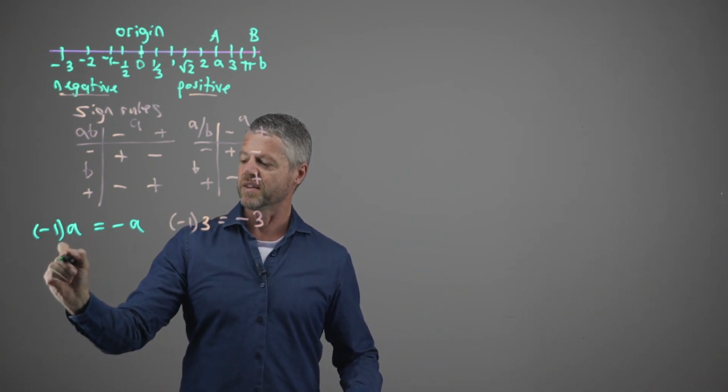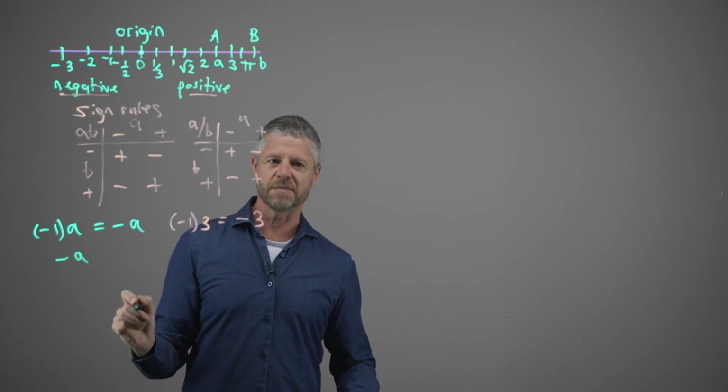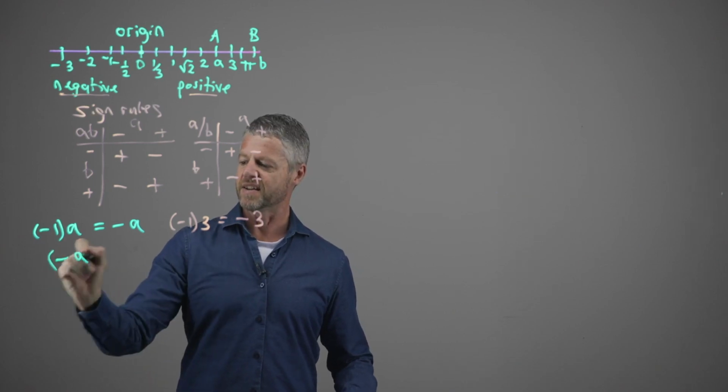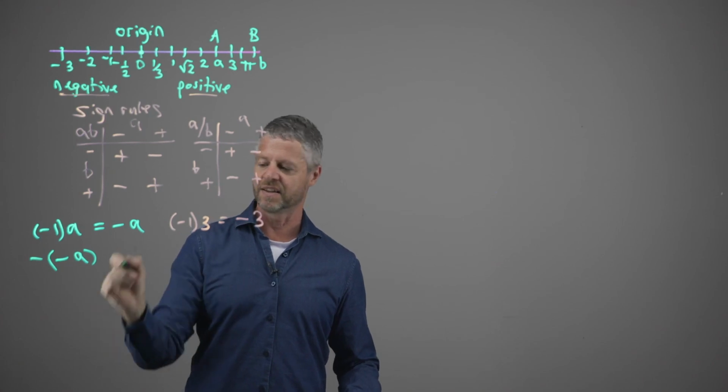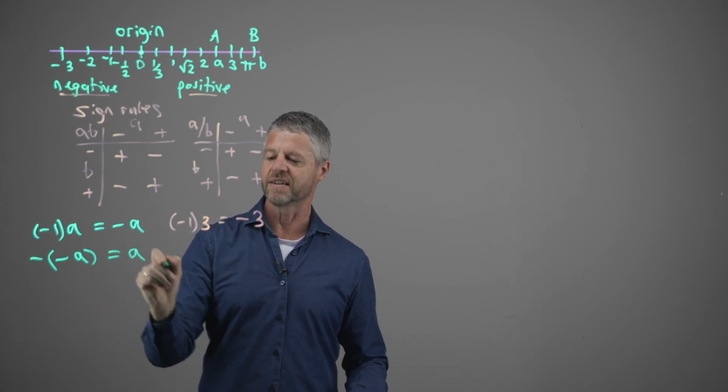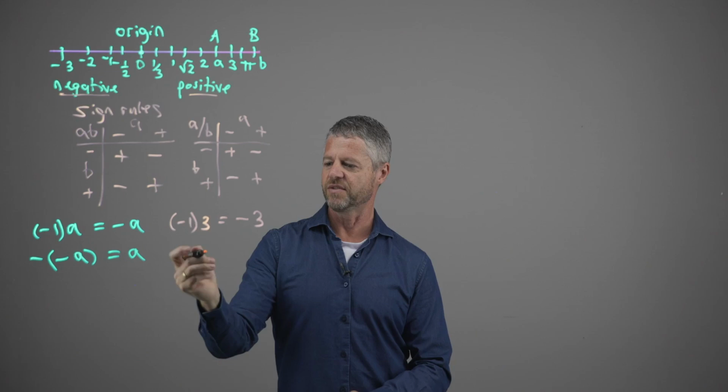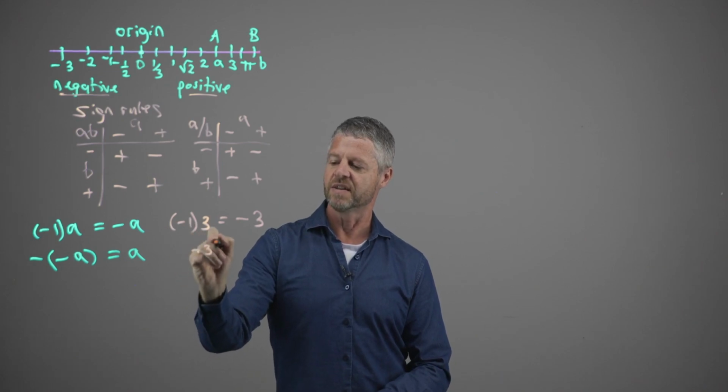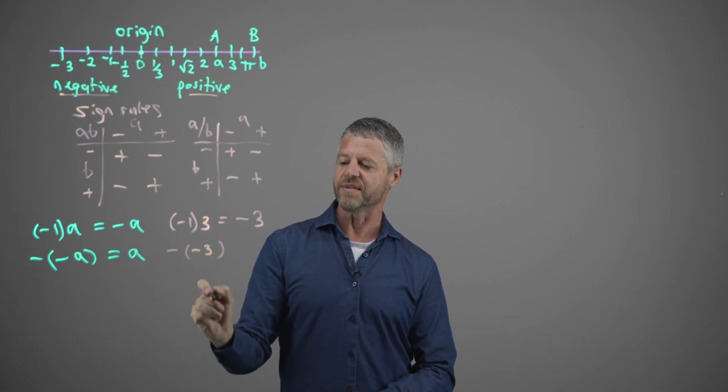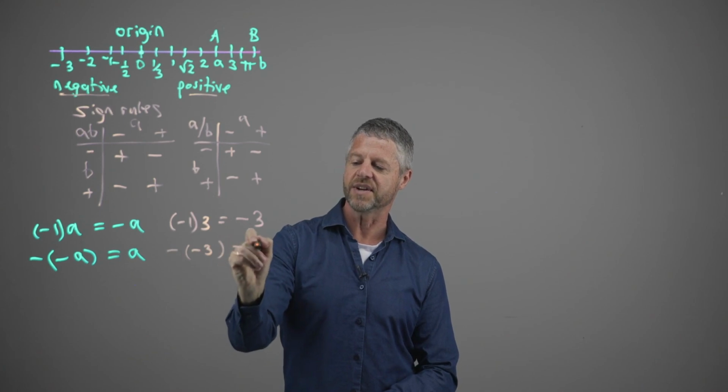If I start with a negative number, -A, and then I take the negative of that, then I get A back again. So for example, if I start with -3 and I take the negative of that, then I'll get +3.